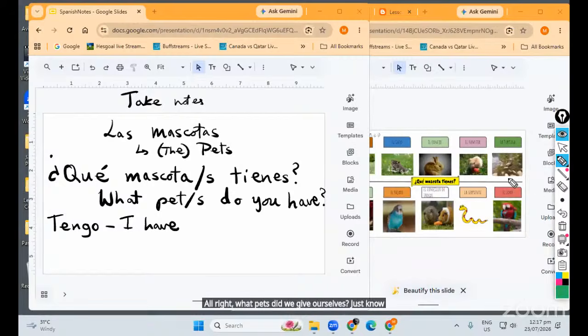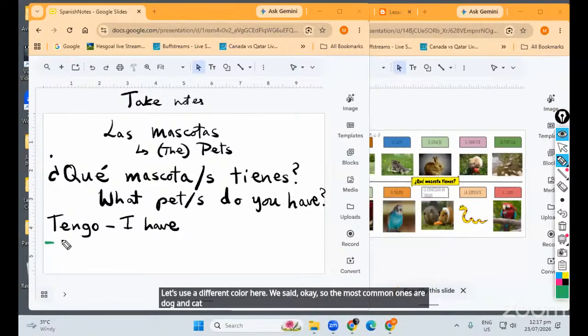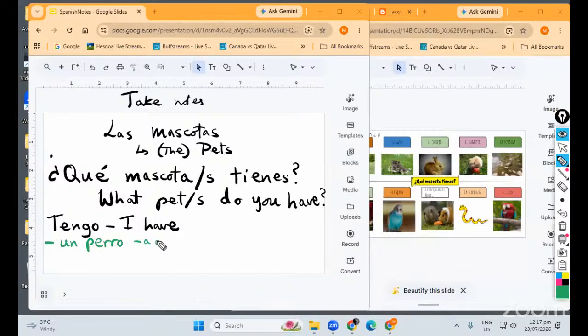Let's use a different color here. We said, okay, so the most common ones are dog and cat, right? A dog, un gato, a cat. Whoops. All right, and what are the other kinds?